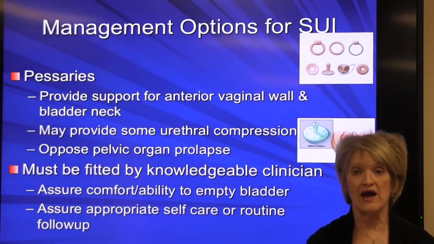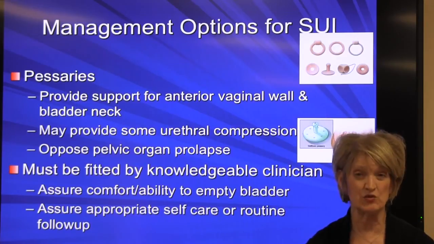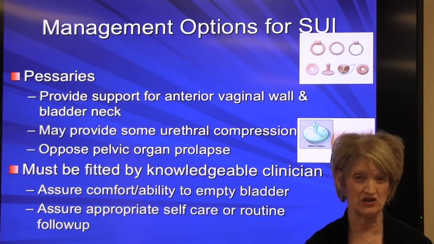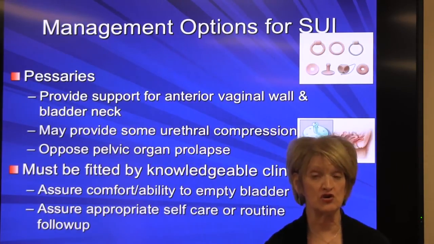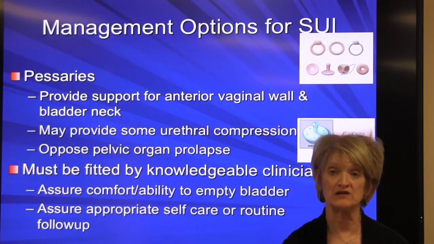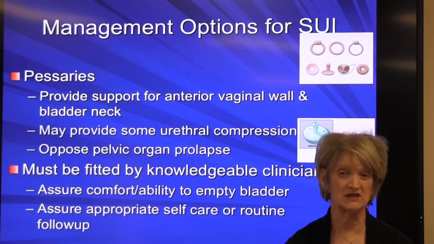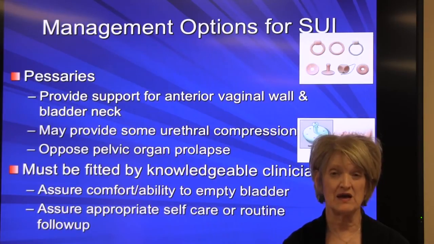So women who have significant stress incontinence, one of the things we can consider in their management is use of a pessary, possibly short-term until they're able to gain sufficient pelvic muscle strength to eliminate leakage. For women who are scheduled for surgery, but it's going to be several months, sometimes a pessary is used short-term for management of their incontinence.